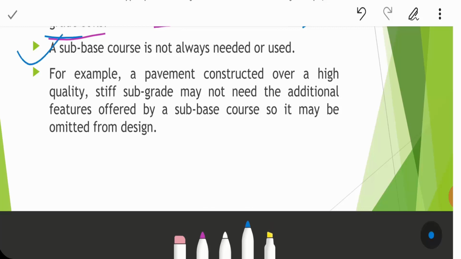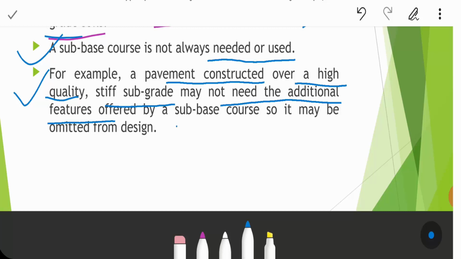The sub-base course is not always needed or used. It is optional. Okay? For example, a pavement constructed over a high quality subgrade may not need additional features offered by a sub-base course, so it may be omitted from design. Clear?